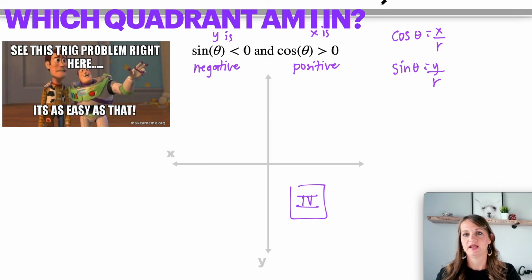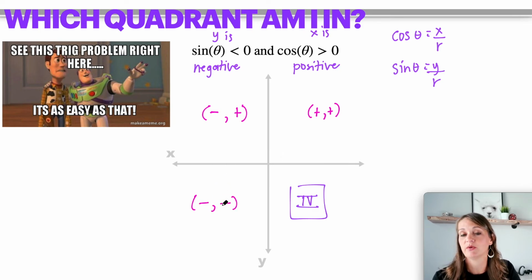So this might be easy to think of in terms of this. X and y are both positive in quadrant 1. But to get to quadrant 2, I had to go negative for my x, but I still went up for my y. To get to quadrant 3, I had to go left for my x value, and I had to go down for my y value, so they're both negative.